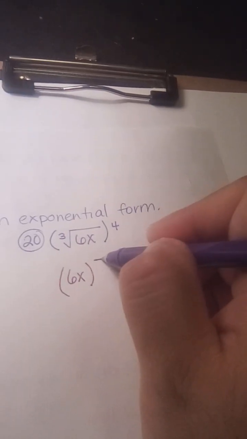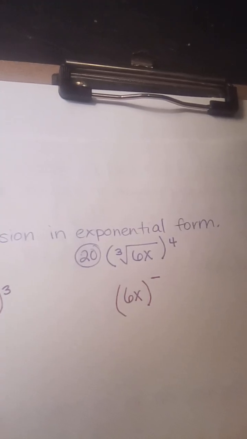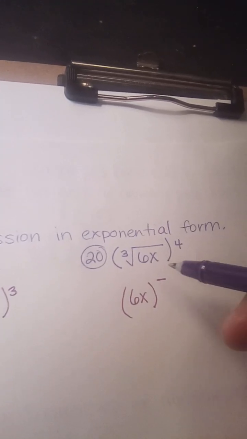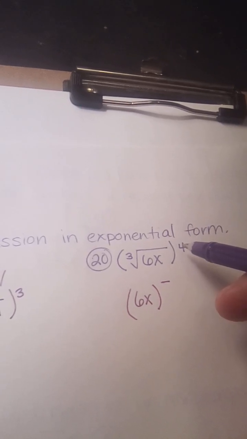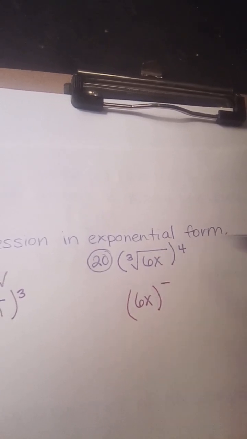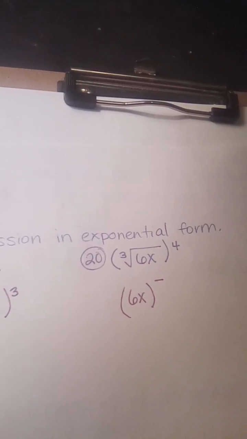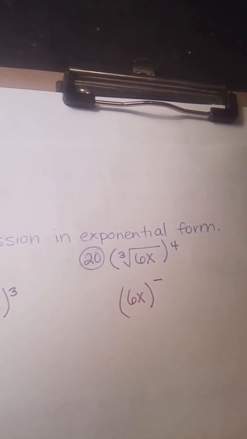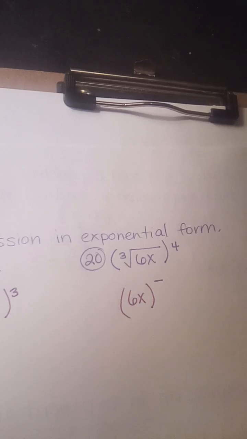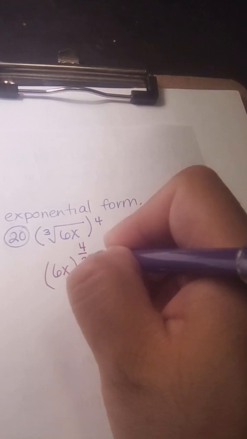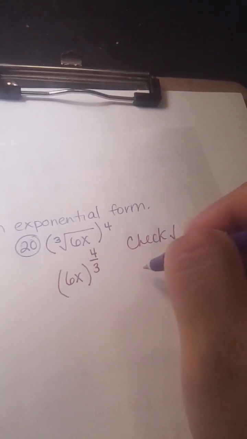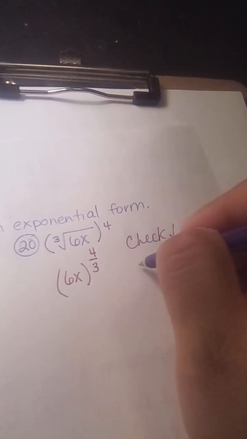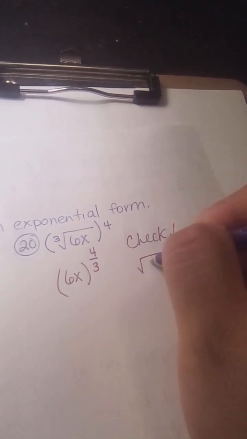All right. Now we're going to do the exponents. What number goes on the top, on the numerator? The 4 outside or the 3? The 4, right? And the 3 is in the index. Let's check. Square root of 6x.